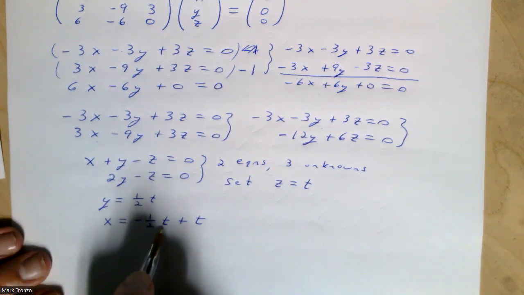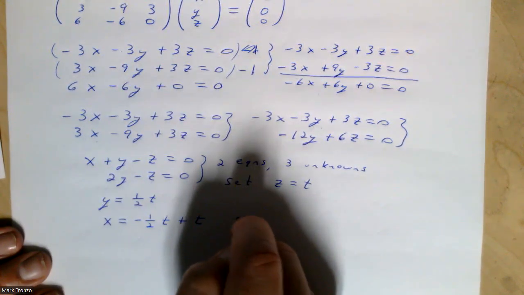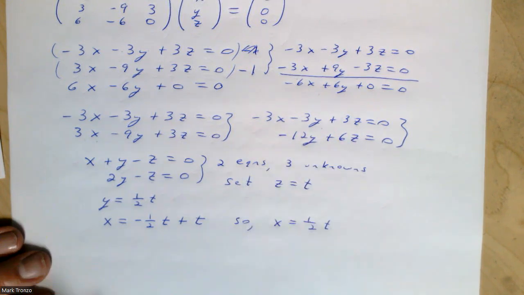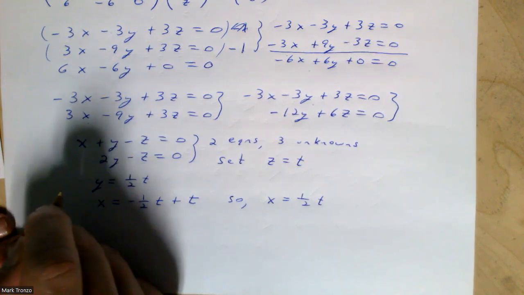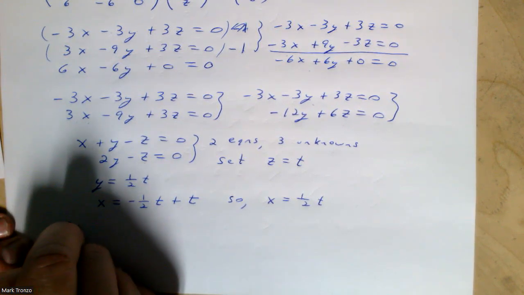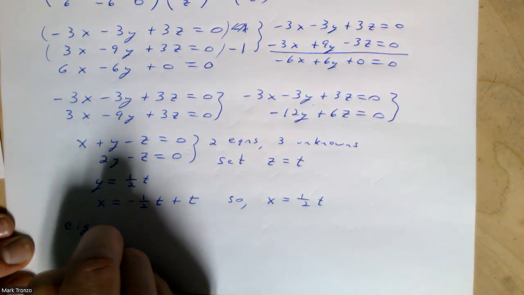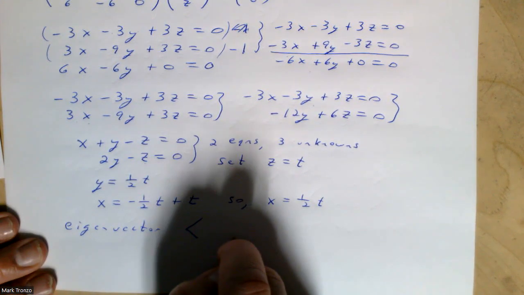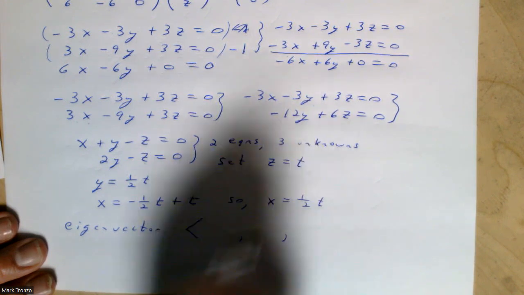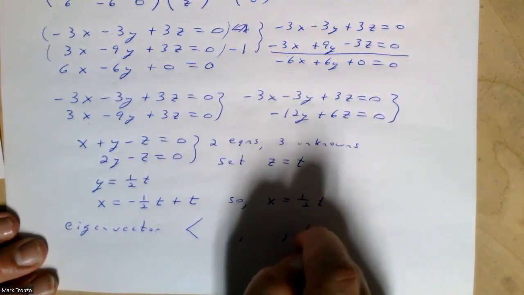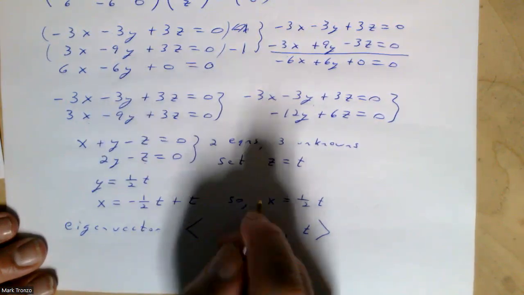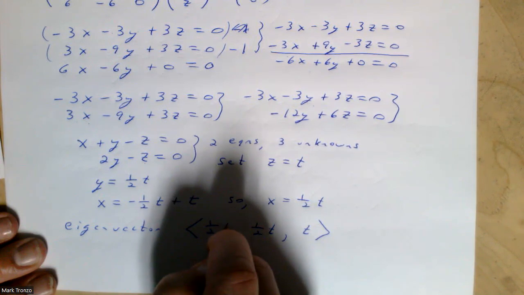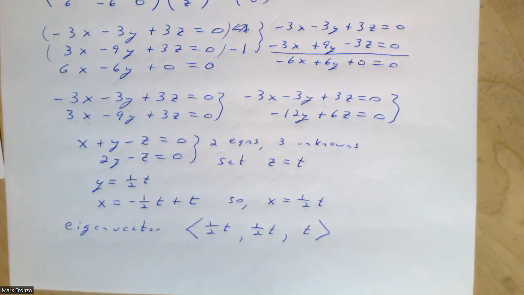Yeah, and so x is going to end up being 1/2 t. So now the eigenvectors. We said z was equal to t. Y is 1/2 t. X is 1/2 t, like that.